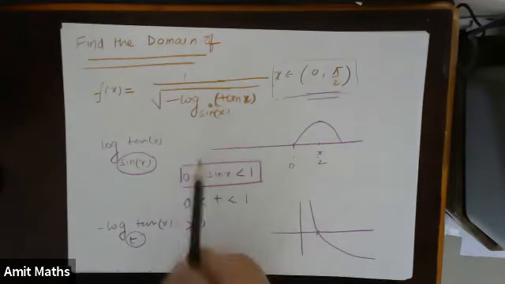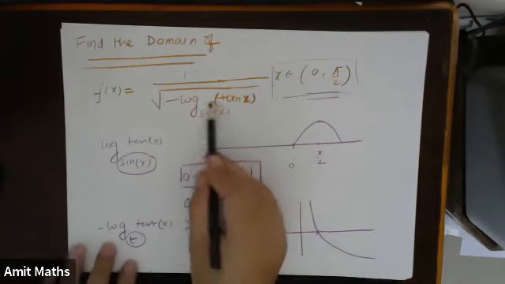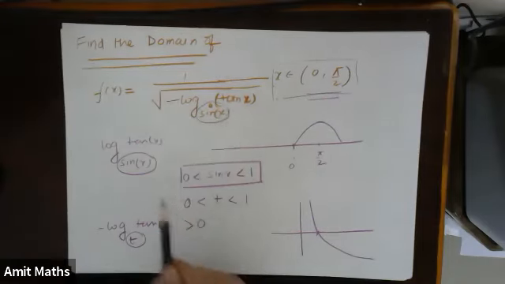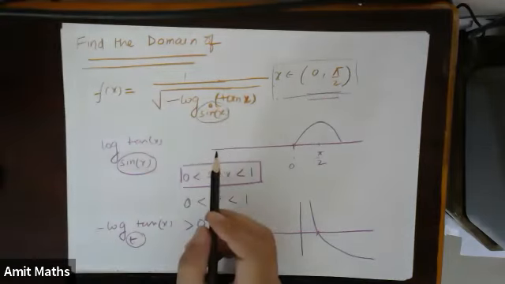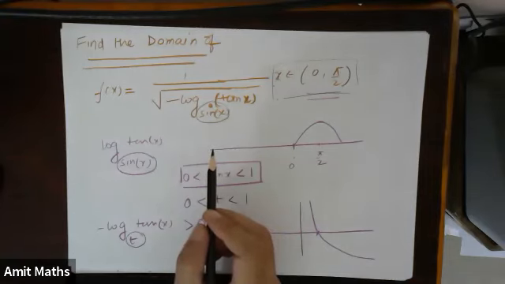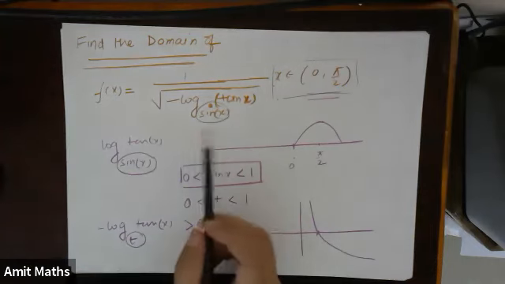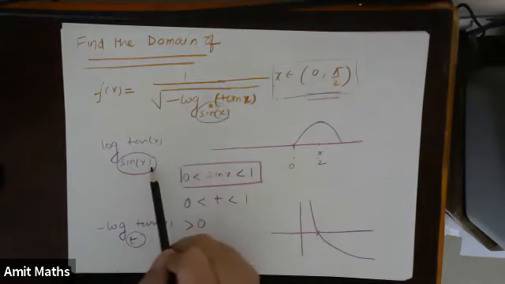Now, what we have to check is what this base is, because first I have to check the base of the log. Is this a log with a strong base, or is this a log with a weak base? So first, we will check the values of sin x it can take.